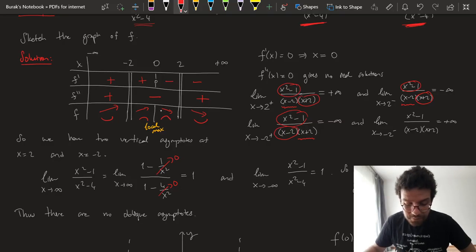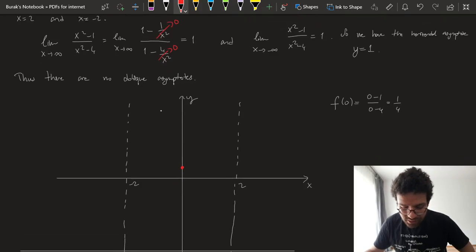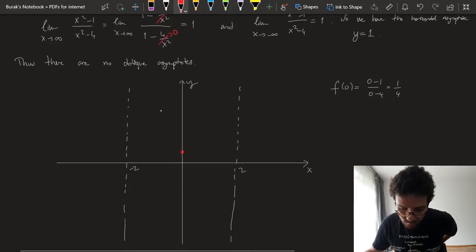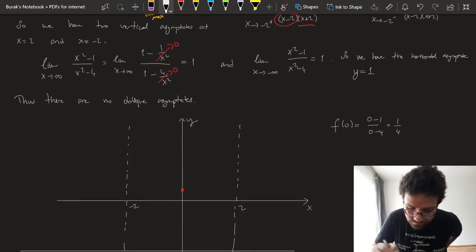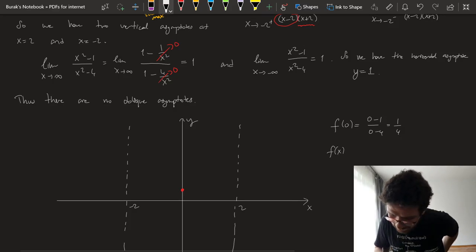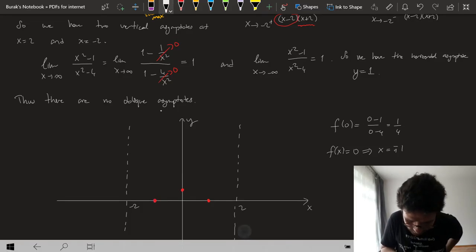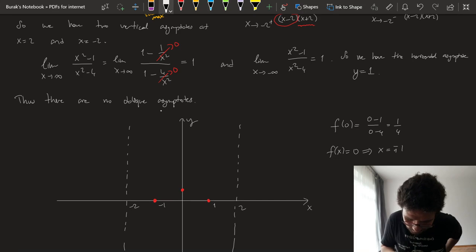Anyway, between 0 and 2, my function is decreasing in a concave down way, and it hits 0 somewhere where, if you actually try to solve this equation, you'll get that x is plus or minus 1. So the value of this function at plus 1 and minus 1 is 0, okay?